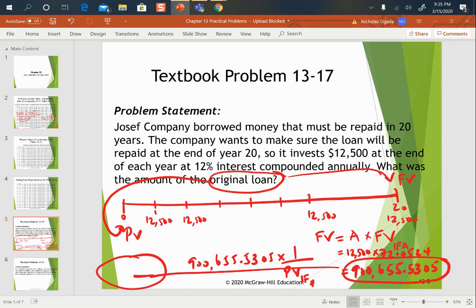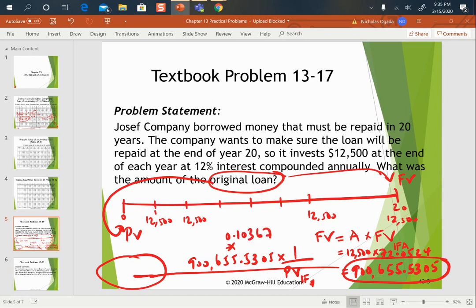That's a single amount. If you go into the table to find the present value of $1 for 12% and for 20 years, you'll find this to be 0.10367.